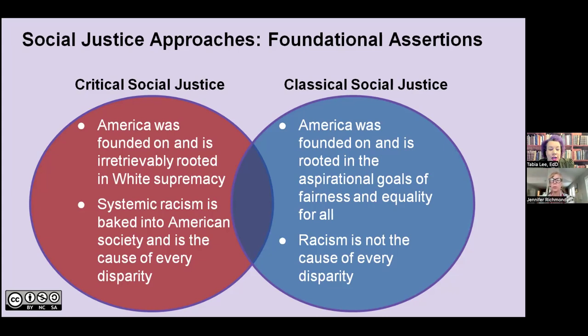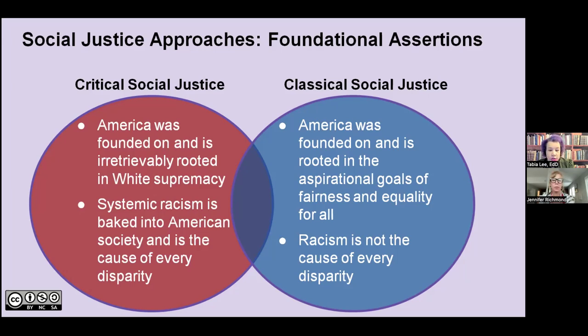If you're looking at critical social justice or social justice from a critical perspective, some of the foundational assertions you may hold are that America was founded on and is irretrievably rooted in white supremacy. You may also have a foundational assertion that systemic racism is baked into American society and is the cause of every disparity.